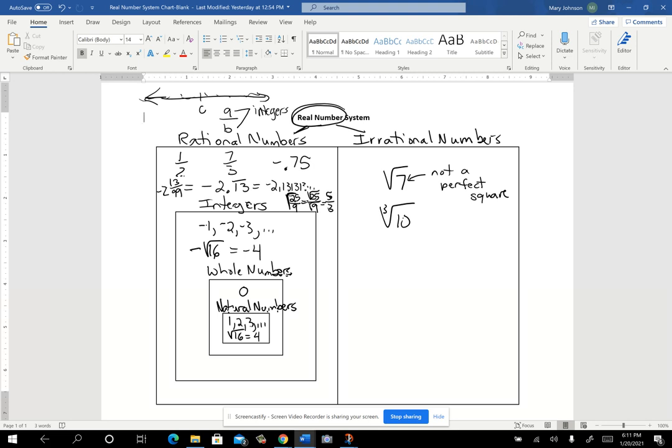For instance, the square root of 7 turns out to be about, still an approximation, 2.6457513 1 1, and there'd be more to it. We just don't see the pattern there. The decimal would go on and would not terminate, and it would not repeat. Those are the kinds of numbers that belong over here.